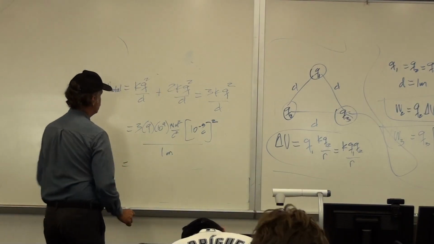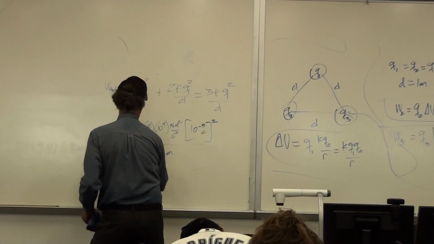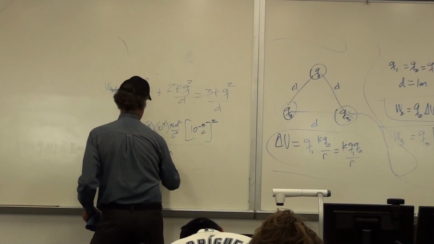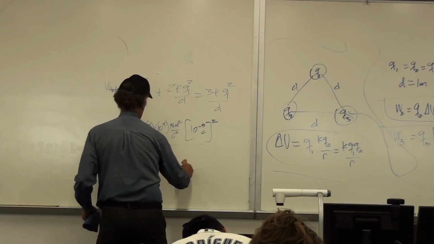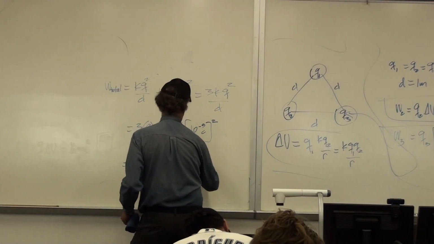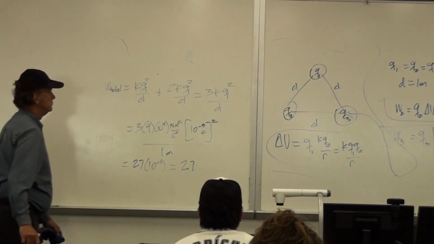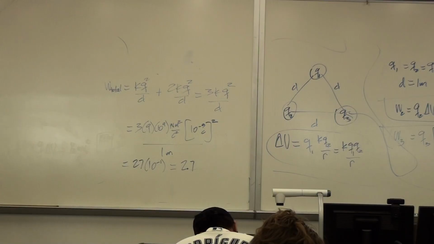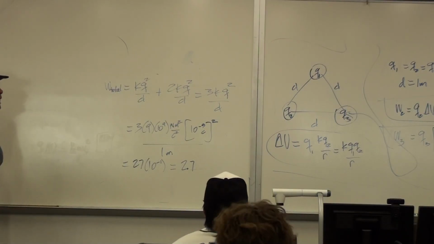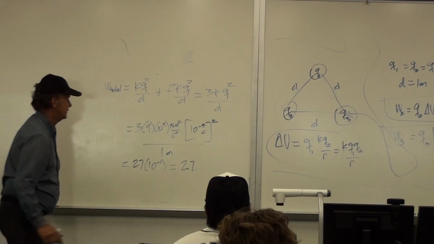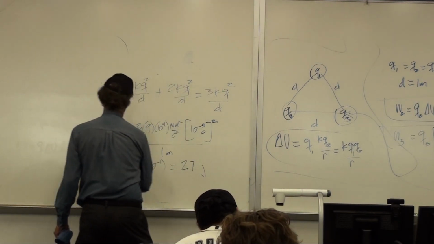So that gives us 27 times 10 to the minus 1, or 2.7 what? Newton meter, or joules. Joules.